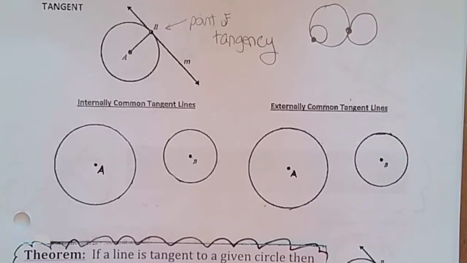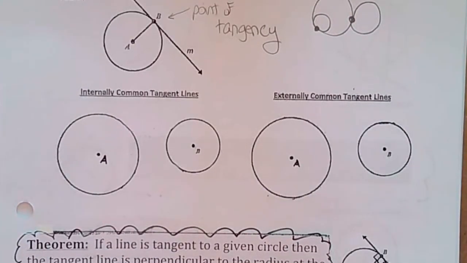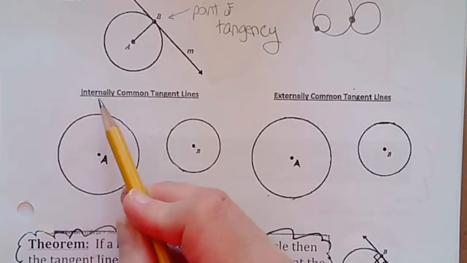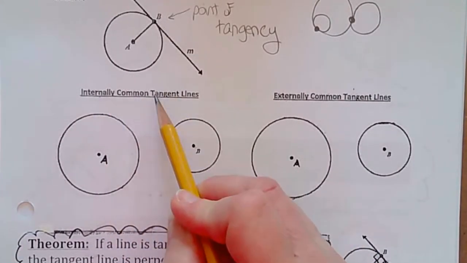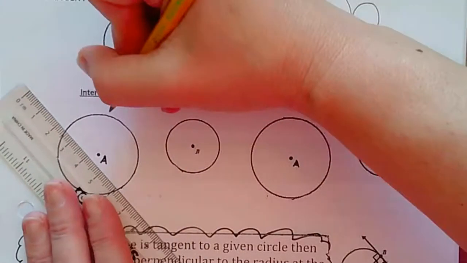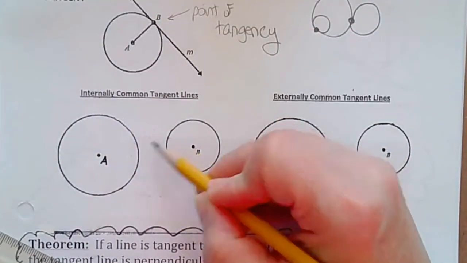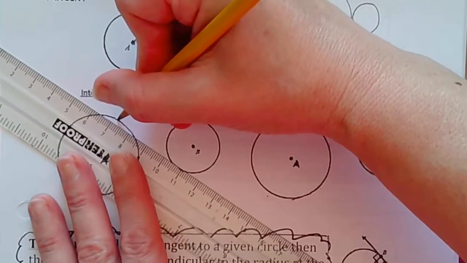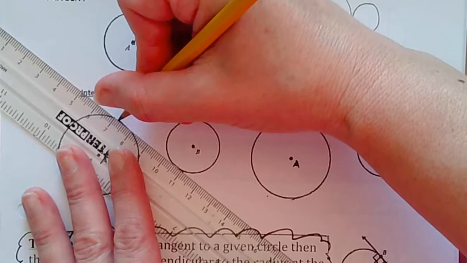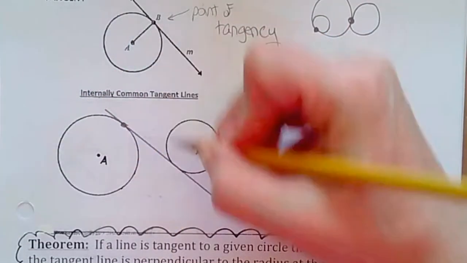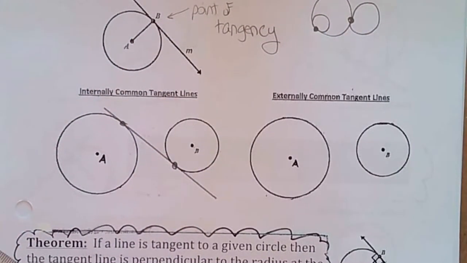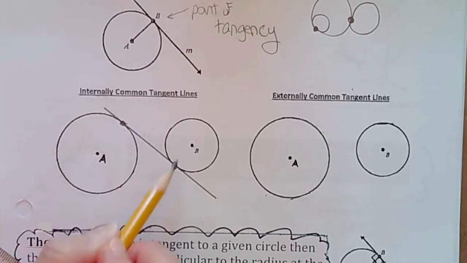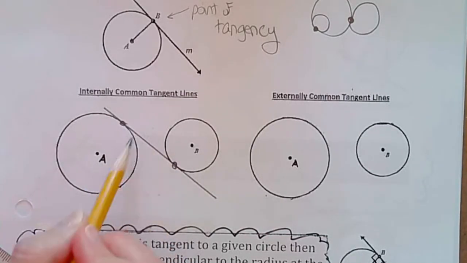Other things that we can say are that we have tangent circles, here we go, or internally common tangent lines. So here's the internal space in between these two circles. If we wanted to draw a tangent line in between them, that is one tangent line and it crosses through this internal space.